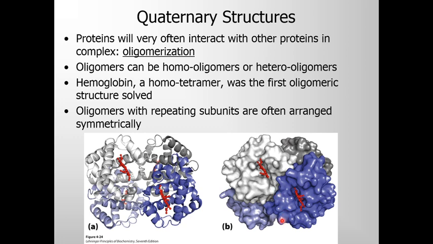On the right is a surface representation showing the pockets in which the heme prosthetic groups are bound and helps to visualize subunit packing. And you can see that there are four different colors: blue, light blue, white, and gray, depicting that there are four subunits because it's a homotetramer.